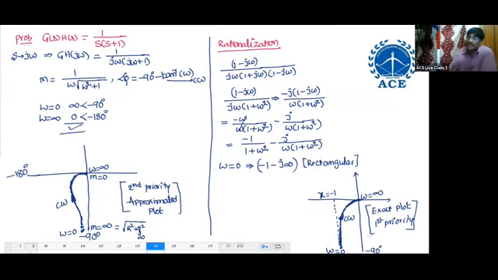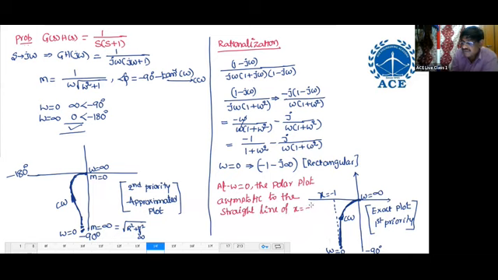At omega equal to 0, the polar plot is asymptotic to the straight line of x equal to minus 1. Asymptotic means approximately. At omega equal to 0, the polar plot is asymptotic to the straight line of x equal to minus 1.